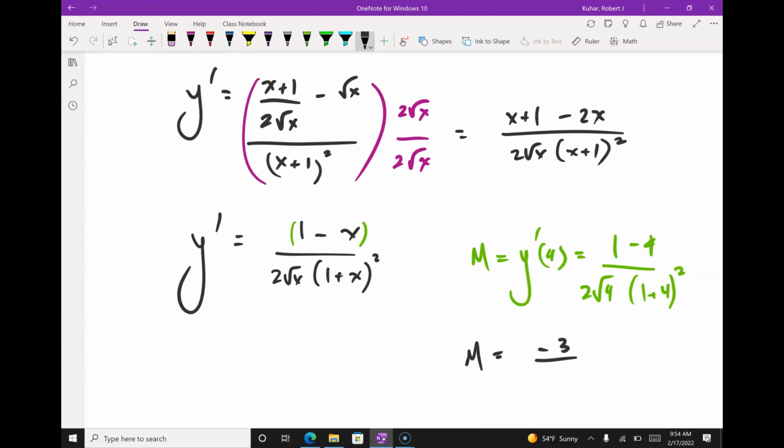Negative 3 over 4 times 5 squared. So negative 3/100ths. 5 squared is 25, 4 times 25 is 100. Yes?